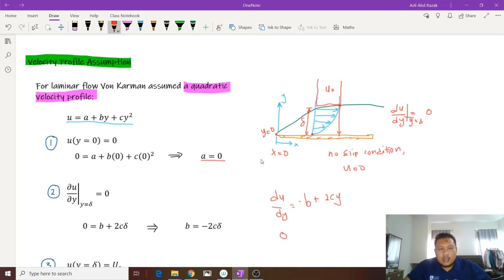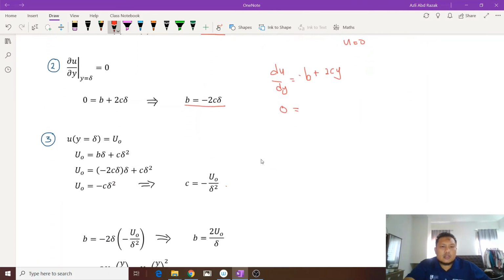So du dy, we got b plus 2cy, because we differentiate this one. Then we substitute y, we replace it by delta, and b plus 2c delta equals 0. So after some simplification, we got b equal to minus 2c delta.